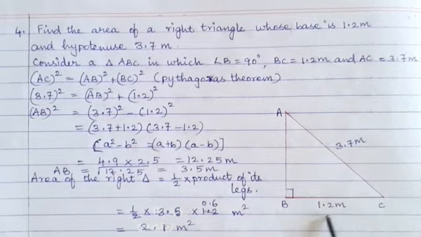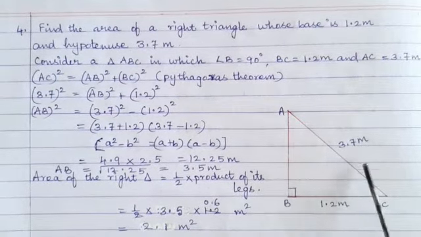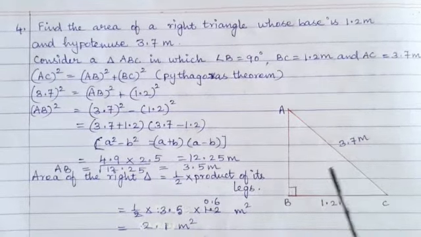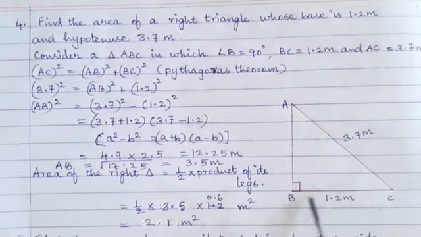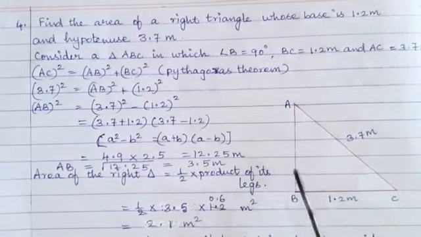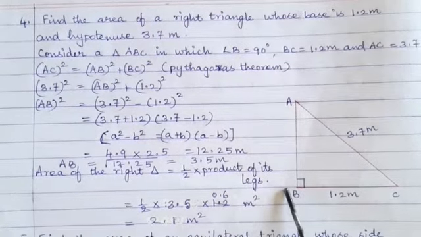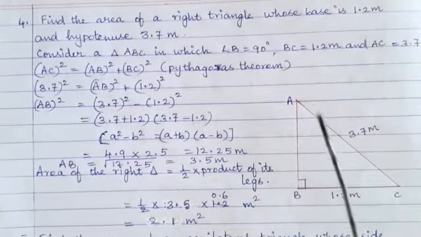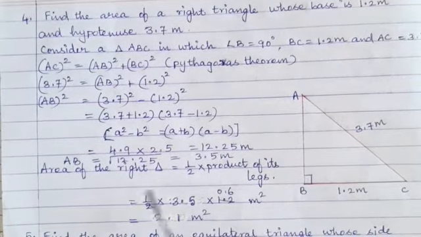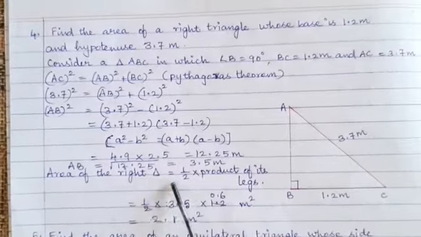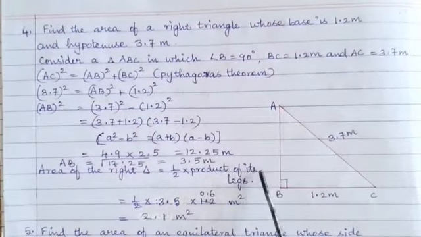Base BC equal to 1.2 meter. Hypotenuse is 3.7 meter. Now product of its legs means base into height. Now we have to find the height, that is AB. So using the Pythagoras theorem, we will find the height AB. Then we will use the formula area of a right triangle equal to half into product of its legs.